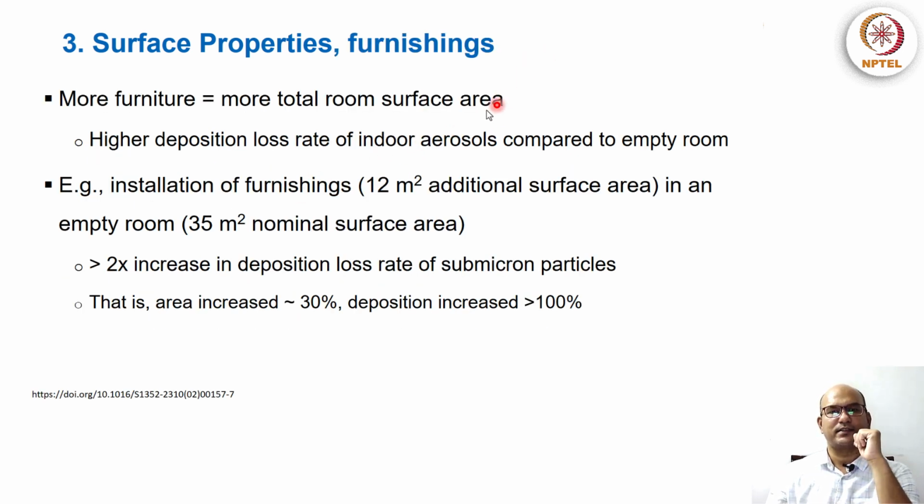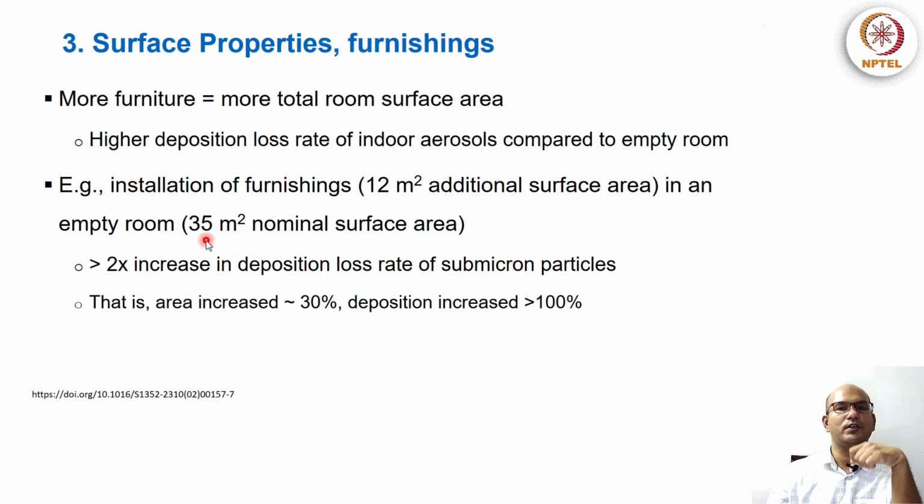So we have furnishings. The more furniture we put, there will be more total surface area in the room. Hence, there will be a higher deposition loss rate for indoor aerosols compared to the empty room. As an example, in some studies, installation of furnishings added approximately 12 square meters of additional surface area to an empty room which had 35 square meters of surface area.